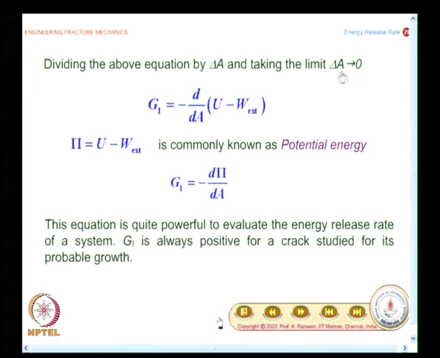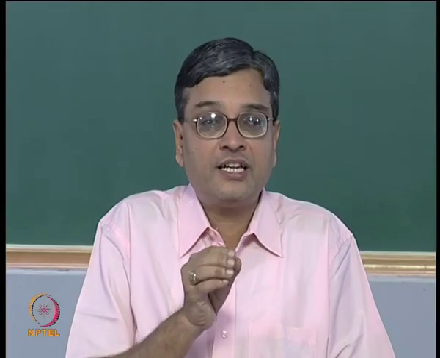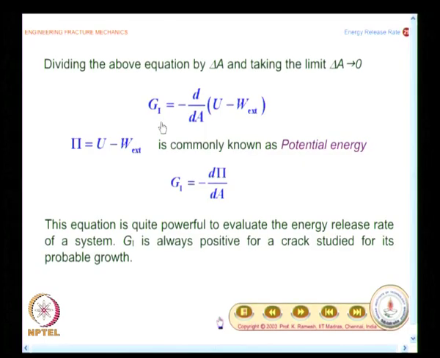This is the key point, you should not miss this. Whatever the incremental change is, it is extremely small, that is what we are looking at. So, what I get is G1 equal to minus of d by dA of (u minus W external).